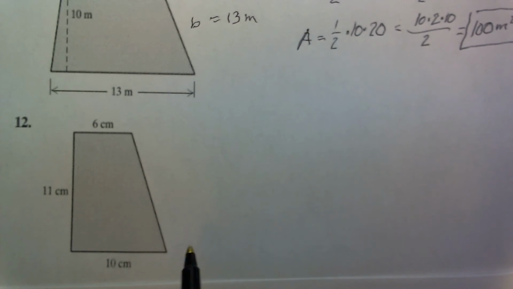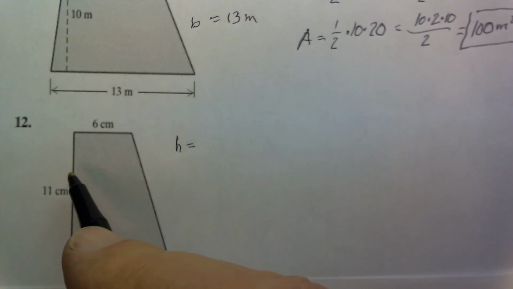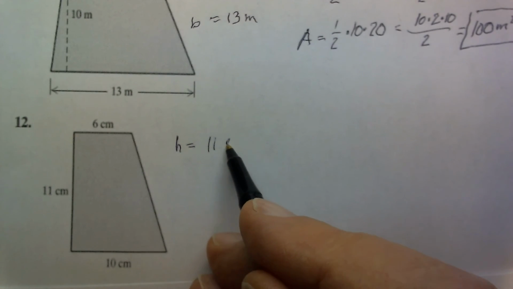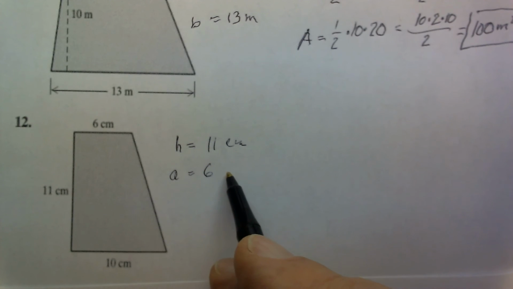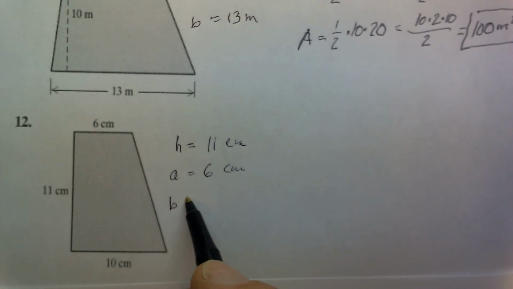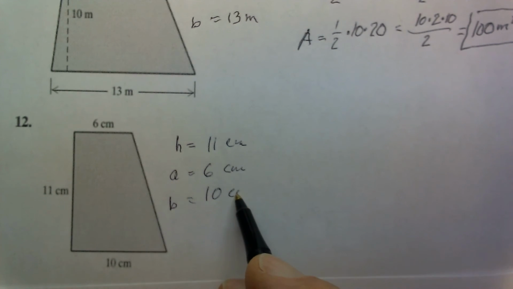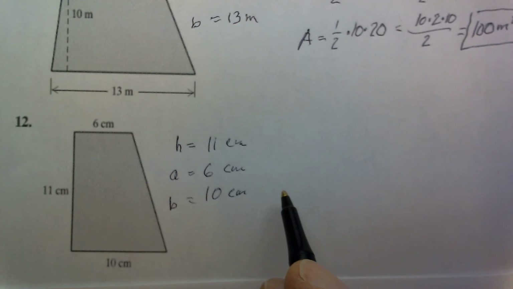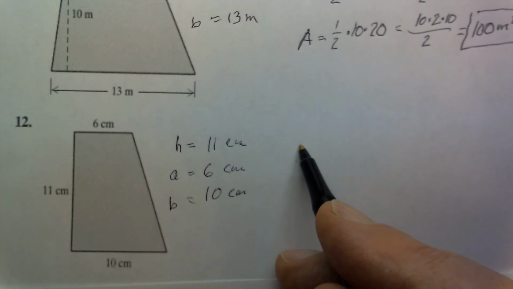In number 12, we do the same thing. We identify what h and a and b are. So h, the height, is 11 centimeters. a is equal to 6 centimeters. And b is equal to 10 centimeters. So here, let's use the other formula just to get a little variety in how we do the calculations.